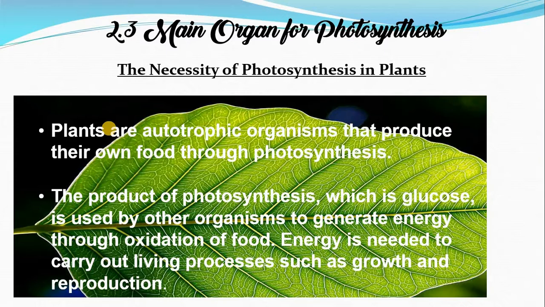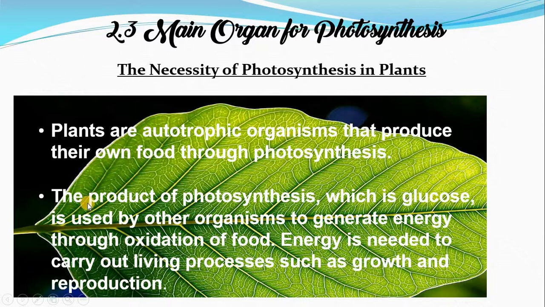Now we look at the first learning standard, the necessity of photosynthesis, the importance of photosynthesis in plant. Plants are autotrophic organisms. What is an autotrophic organism? It is an organism that can produce its own food through photosynthesis. So all plants are autotrophic organisms.